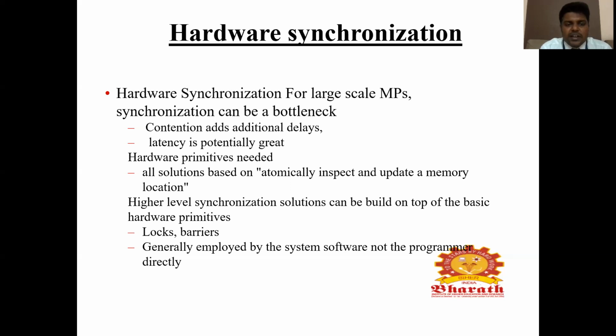Hardware primitives are needed, that is, all solutions based on atomically inspecting and updating a memory location. Higher-level synchronization solutions can be built on top of the basics of hardware primitives, that is locks and barriers, generally employed by the system software, not the program directly.